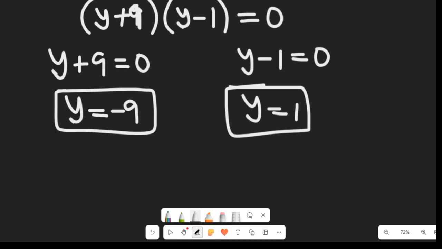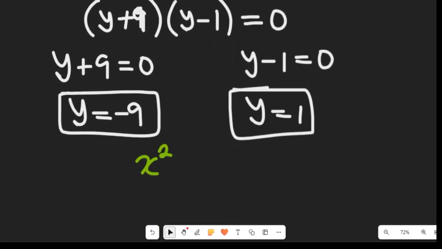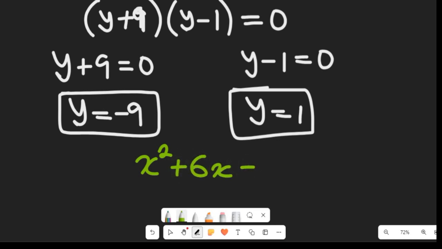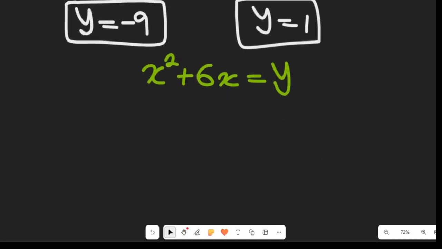Now recall that we made y equal to x squared plus 6x. So from this expression, we should be able to have two values of y.